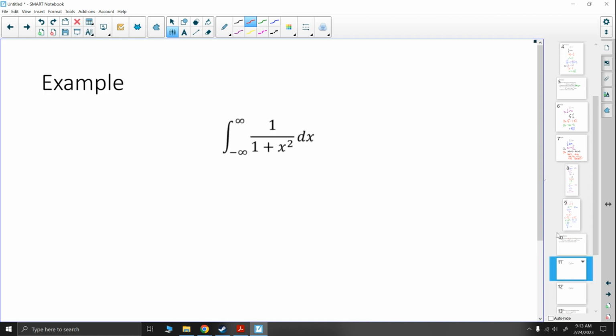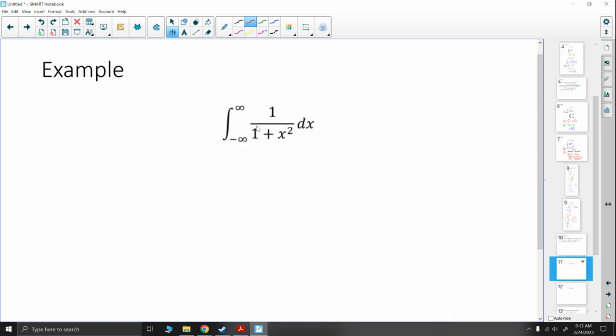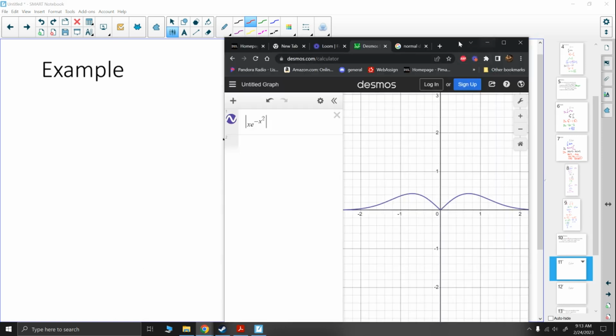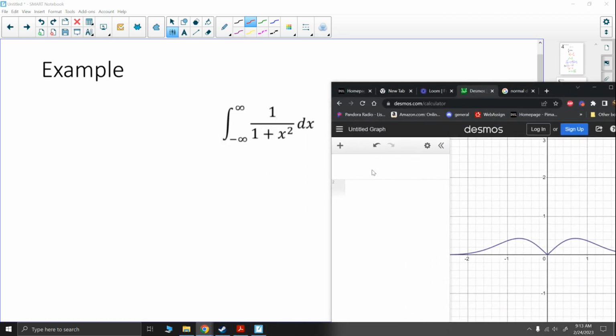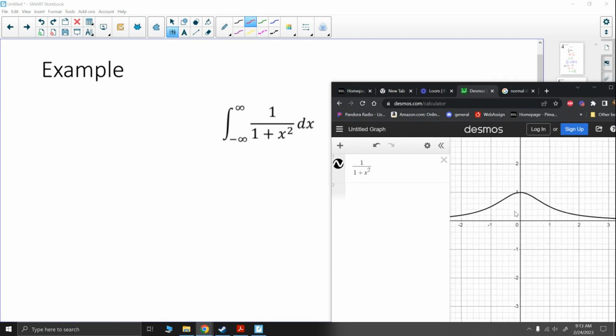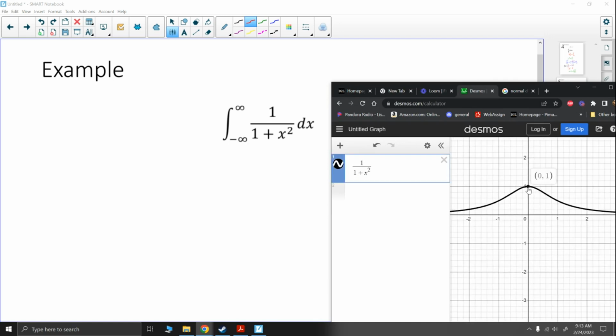Okay, let's do another one just to see it again. So again, it doesn't matter where we split it up. It really doesn't. But I usually like to split it up somewhere that makes sense. Here, I'm going to split it at 0 again, just because 0 is easy, and also it's a nice symmetry around that.